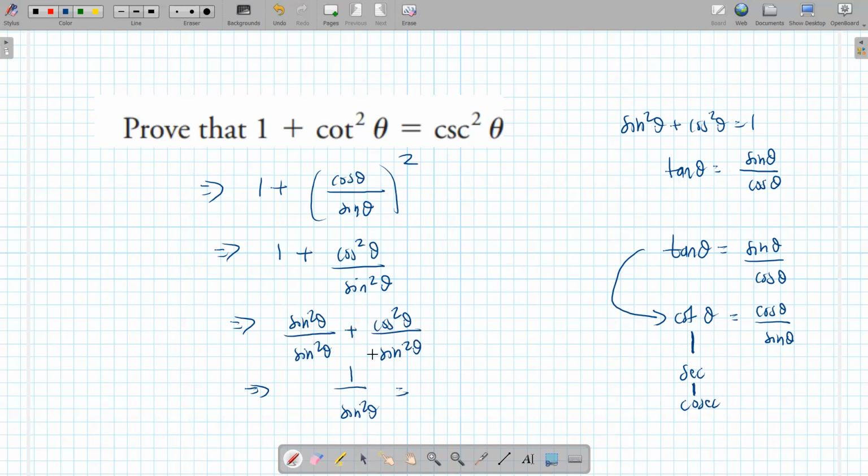If you have 1 over sine, it's going to be cosecant theta. If you have 1 over sine squared, it's going to be cosecant squared theta, like that, and you're done. So the idea is you start on one side, and then somehow using some algebra, you get to the other side. And if you are able to do that, it's called a trig identity, okay? So keep that in mind.